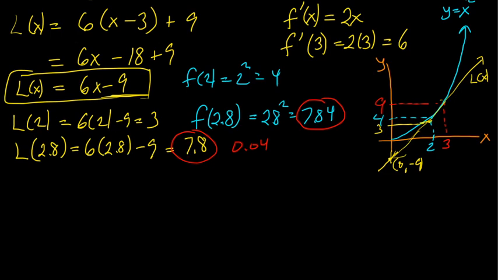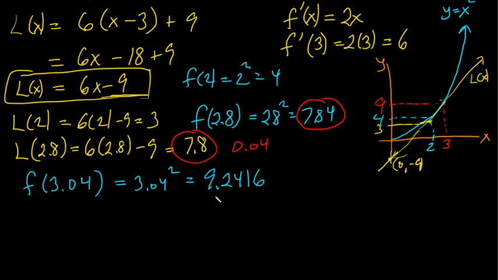If you want to do one more example, let's do one a little bit bigger than 3. Let's do 3.04. So if I square 3.04, I get 9.2416. Right. Yep, let's not round. Let's keep everything exact here. And now plug that into the linear approximation.